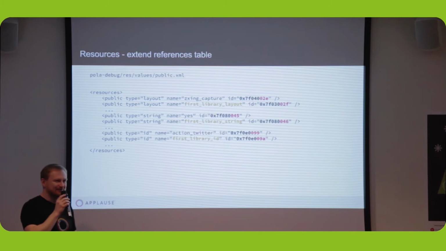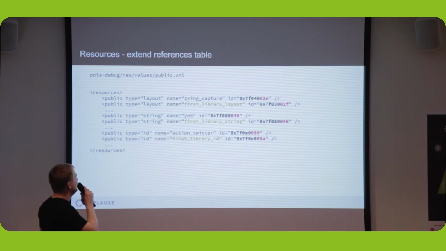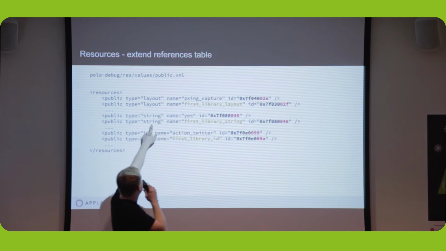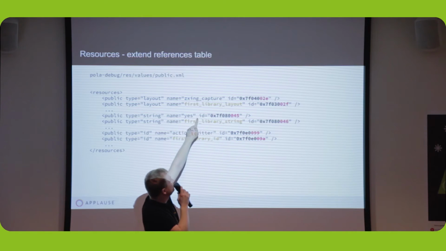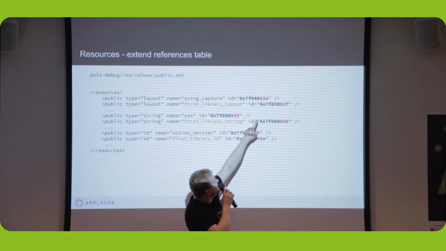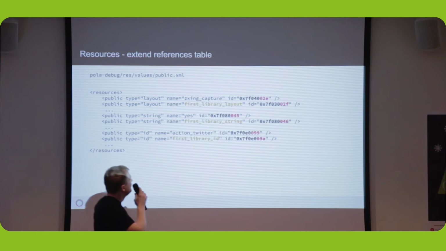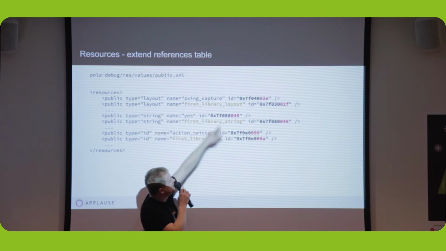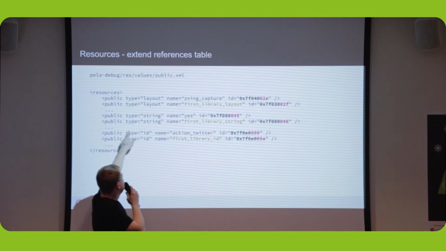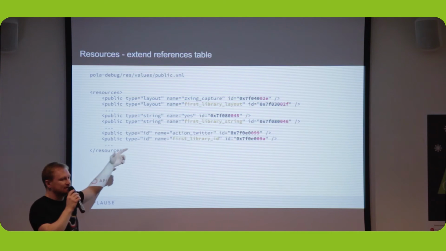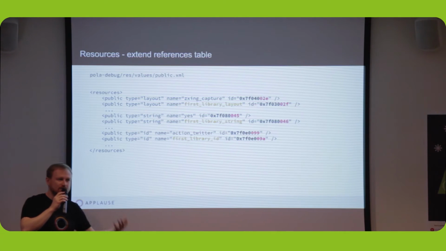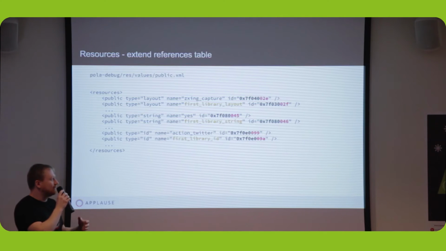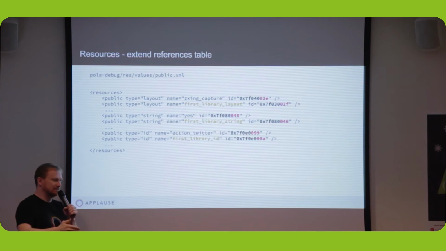So for example, if we have a layout file, this is the last layout from this Pola application, and it has 2E address at the end. So I need to assign my first library layout 2F, and the same goes with strings, IDs, styles, any kind of resource you have. You just have to be aware that it's consistent.